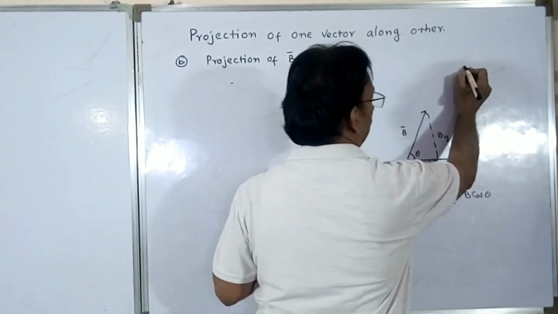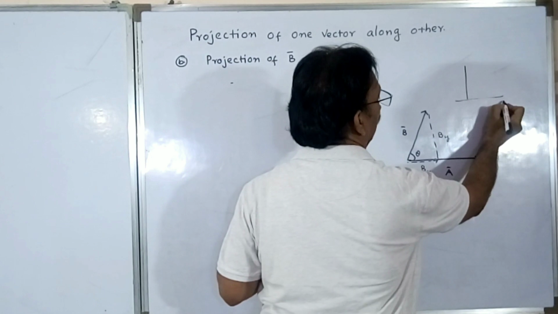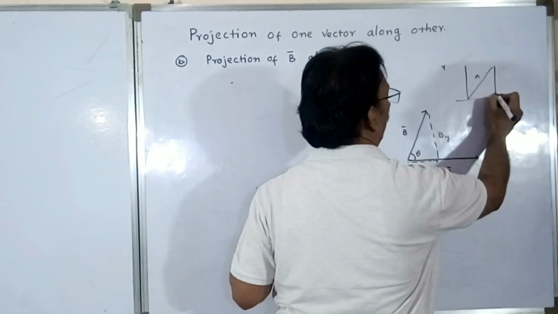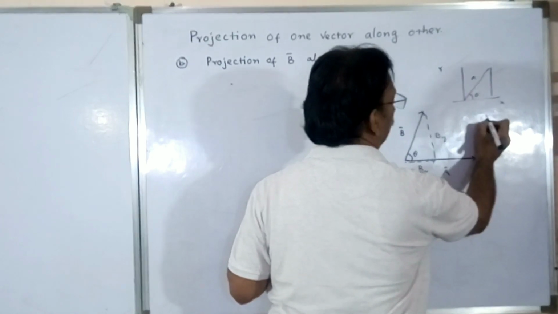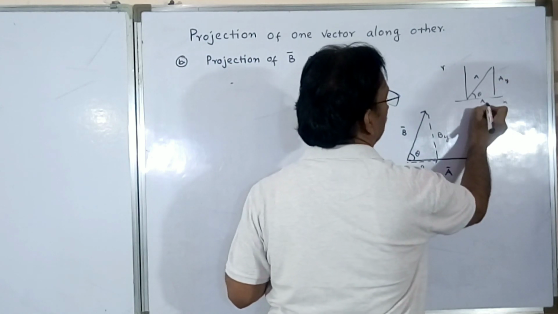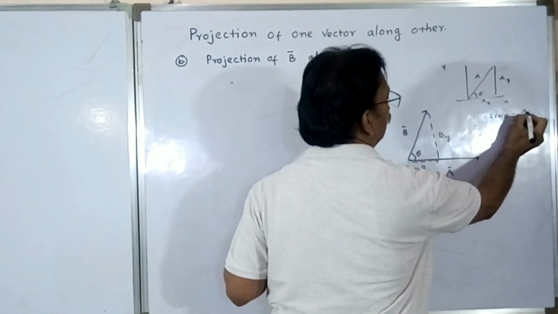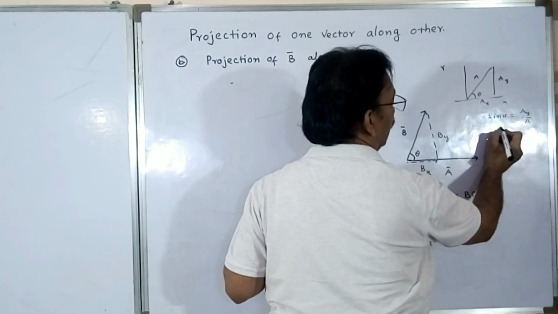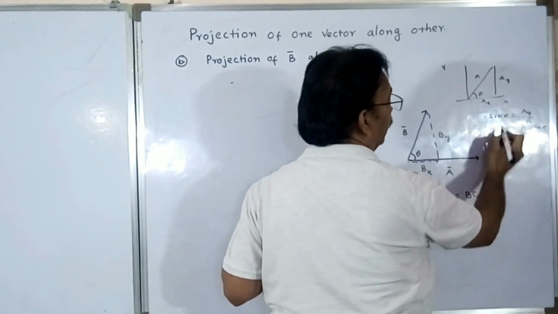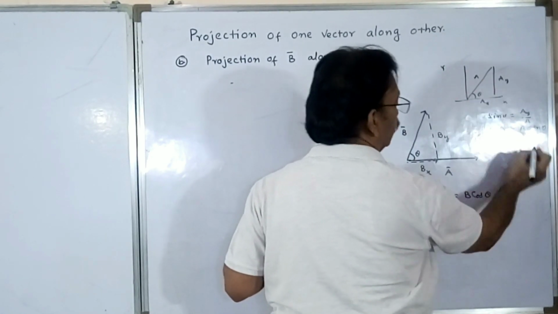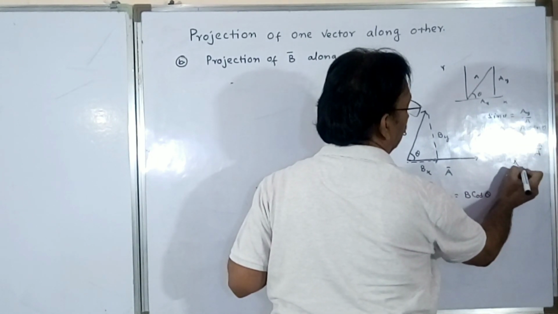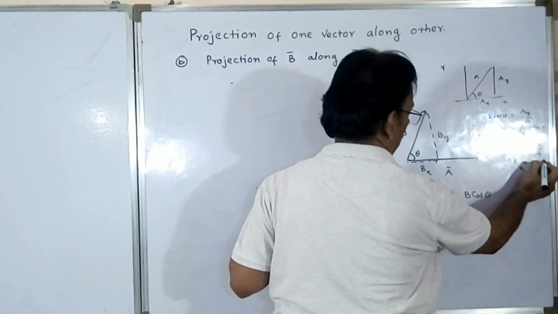We just constructed a triangle, drop a normal and draw the sine theta. Sine theta is equal to ay by a, that is ay is equal to a sine theta. Similarly, cos theta is equal to ax by a, that is ax is equal to a cos theta.